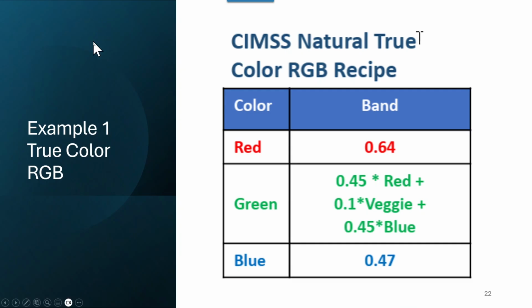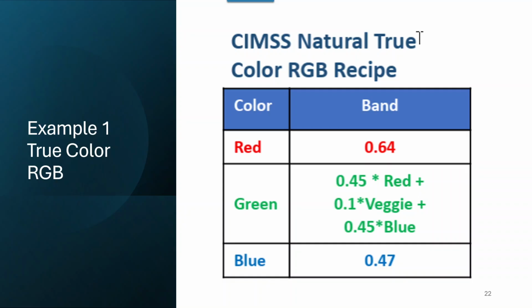So it's telling us red. Then here we've got a formula. The ABI sensor does not have a real green band, if you will, but it does have a band that is sensitive to chlorophyll.